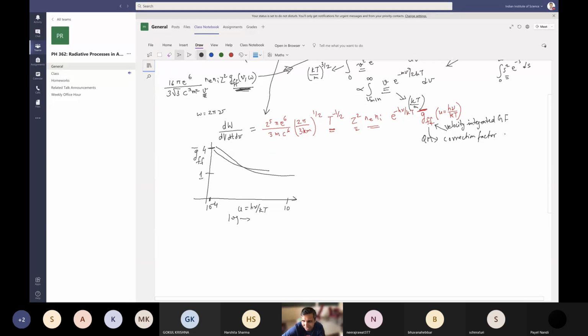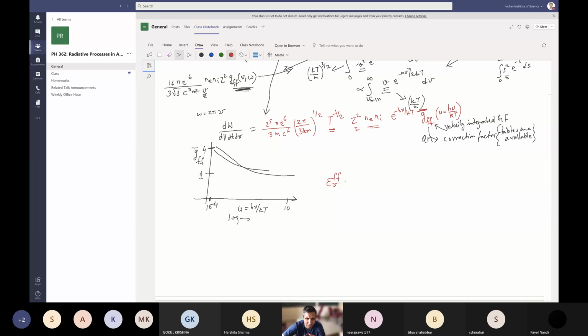Tables are available for this, and it has been calibrated both from experiments and from more sophisticated quantum calculations.